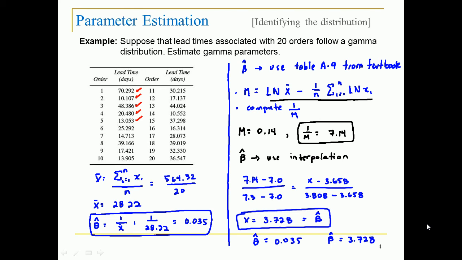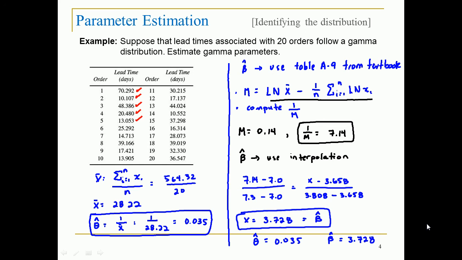Okay, so this is an example of how to estimate the parameters for a gamma distribution, and it also shows you the importance of referring back to the table in order to know what type of computations you need to perform in order to get the parameter for the distribution that you're looking at. Okay?